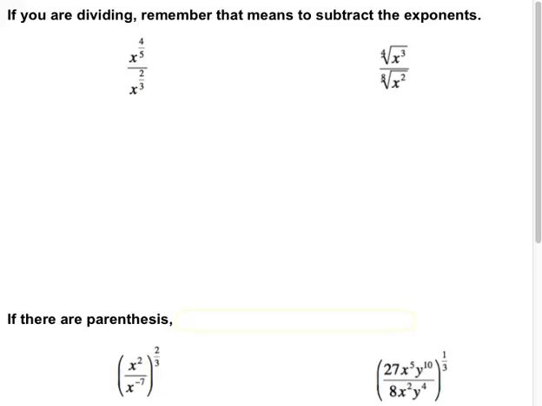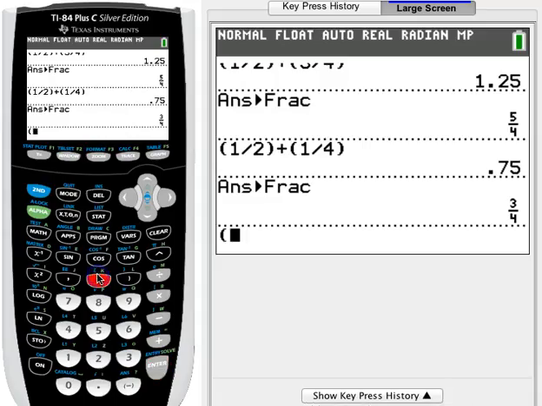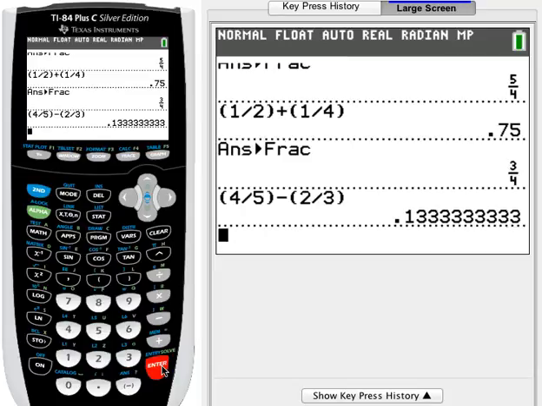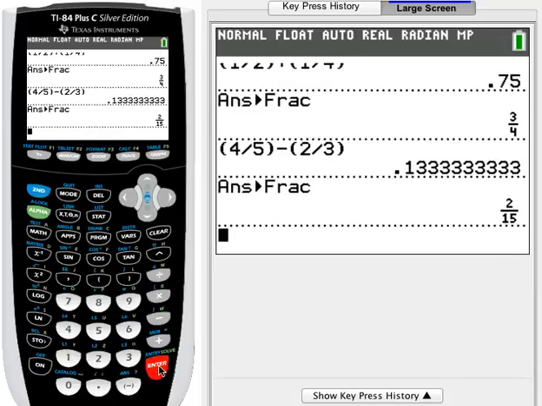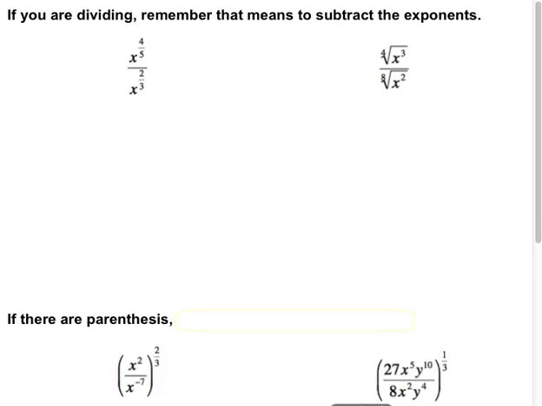So I need 4/5, and I'm going to be taking away 2/3. You're going to get that, and now, of course, math fraction, and you're going to get your new power. You're going to have a new power of 2/15.